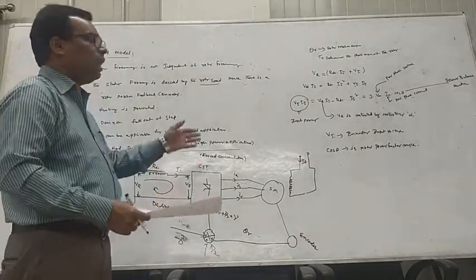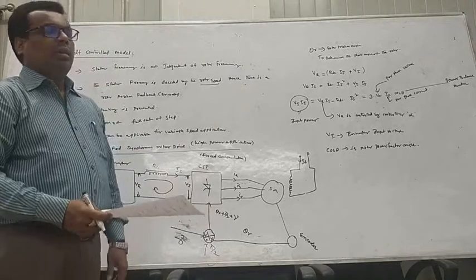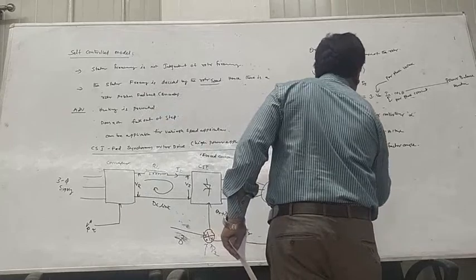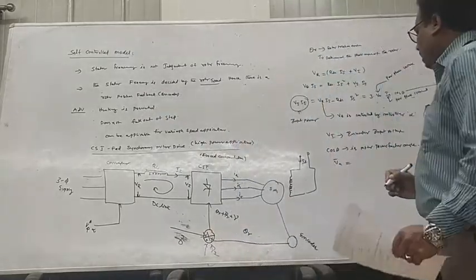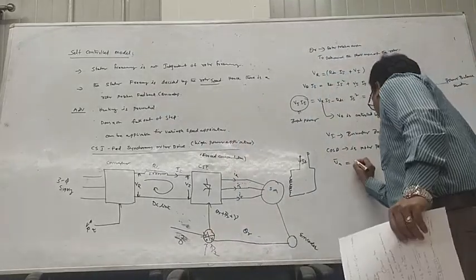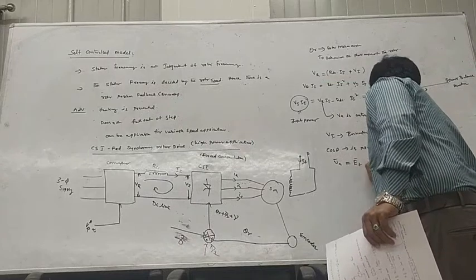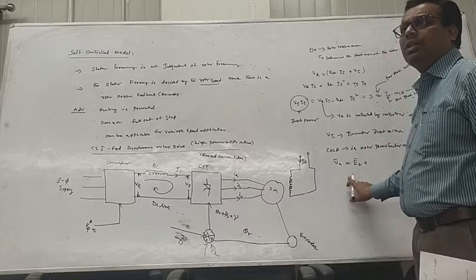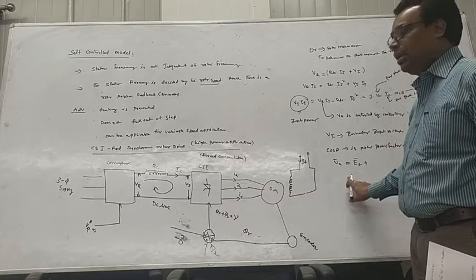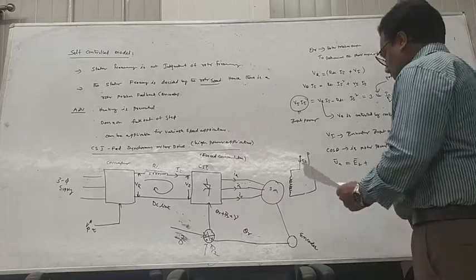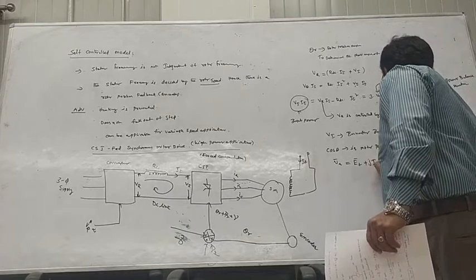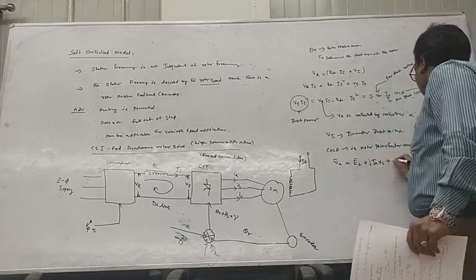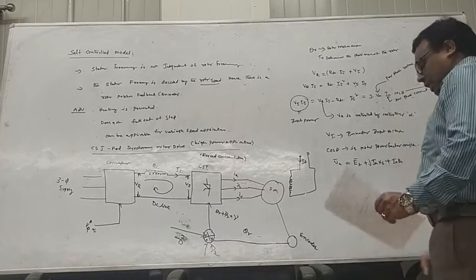As for the synchronous motor, the armature voltage VA is equal to EF vector, the field voltage, the induced EMF in the field circuit, plus j into IA into XS, the synchronous reactance, plus IA into RA.